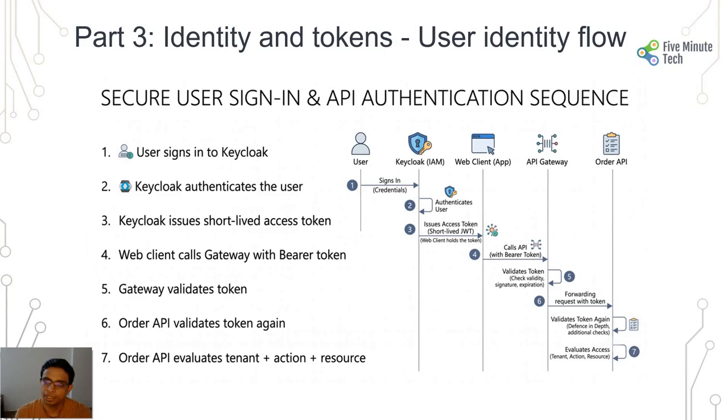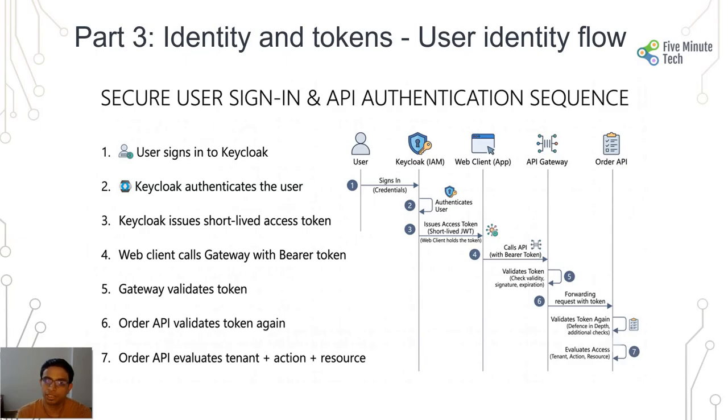Now, part 3, which is our identity and tokens with user identity flow. Let's begin with a user creating an order, and the web client redirects the user to your Keycloak using OpenID Connect authorization code flow with PKCE.